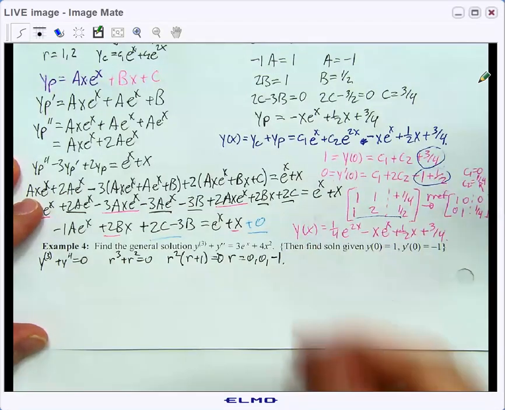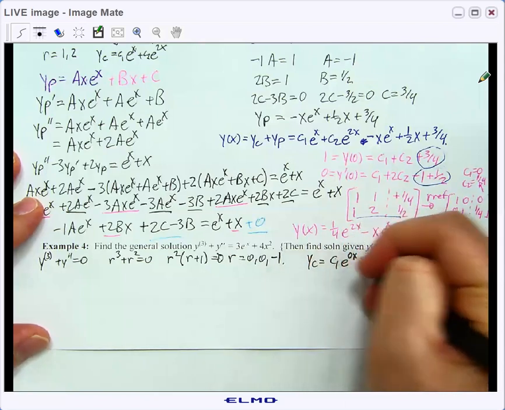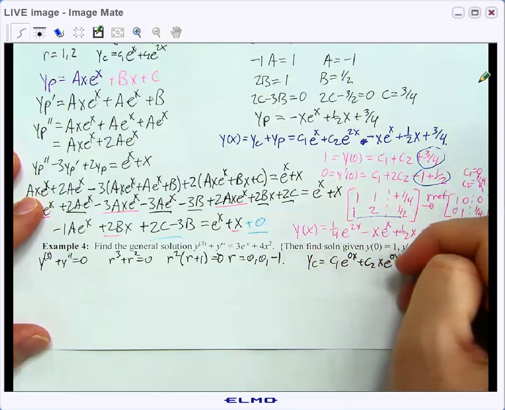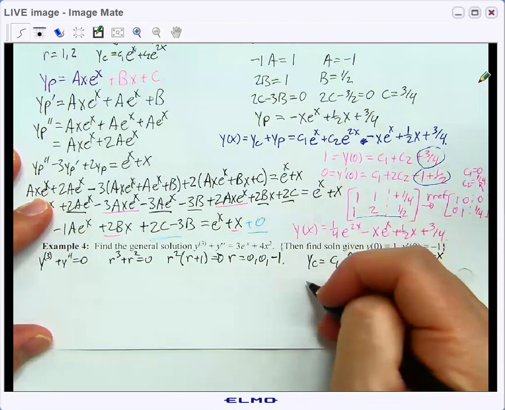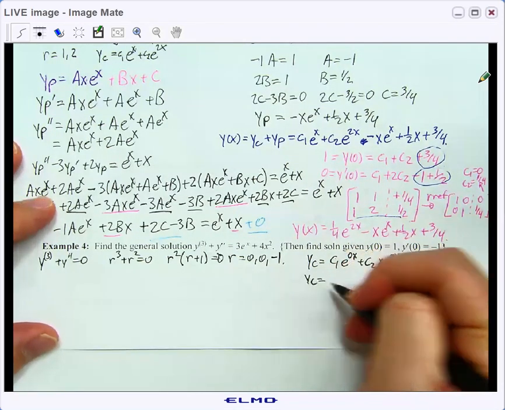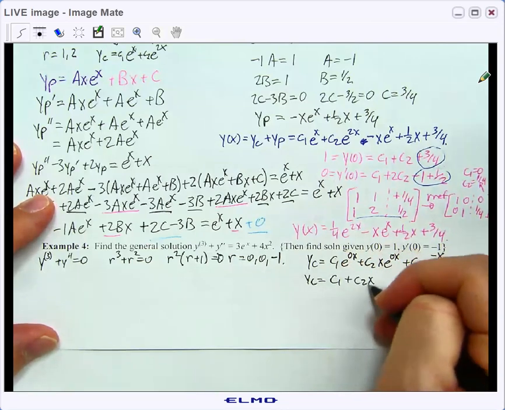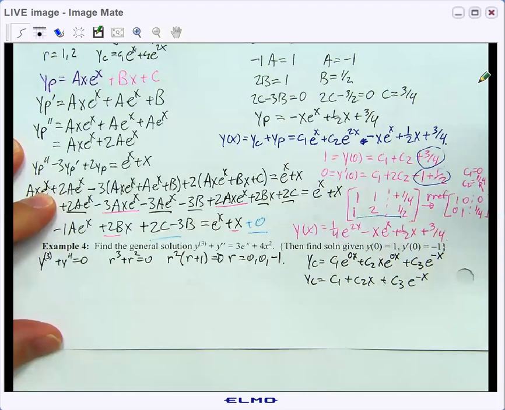That would mean that the complementary solution is c1 e^(0x) + c2 x e^(0x) + c3 e^(-x). Or in other words, y_c = c1 + c2x + c3 e^(-x).